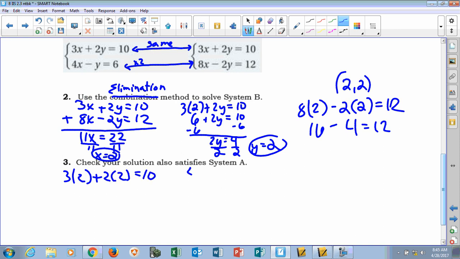And we also got to plug it in for, because remember, it's got to satisfy both. So this is 6 plus 4. And 6 plus 4 equals 10, right? So that's one of them. And this is 8 minus 2, which is 6. So it does satisfy both of them, doesn't it? And the only reason it can is because they're equivalent equations.